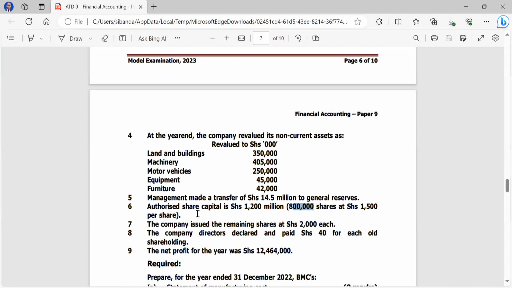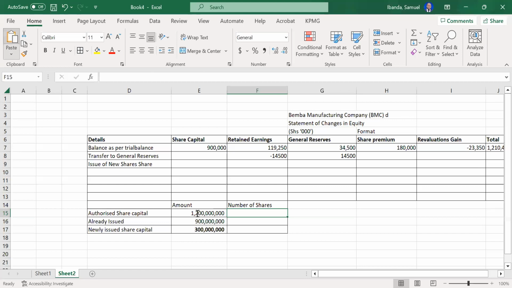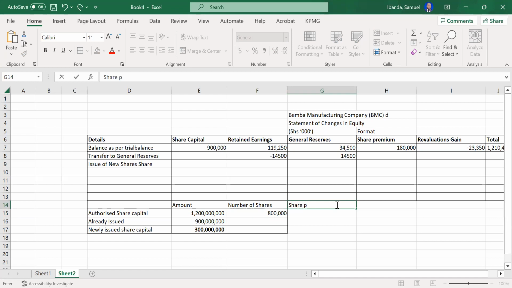So there are basically 800,000 shares. That is what we have. Remember, there is a share price, which is 1,500. So when you multiply 800 times 1,500, you come to 1.2.